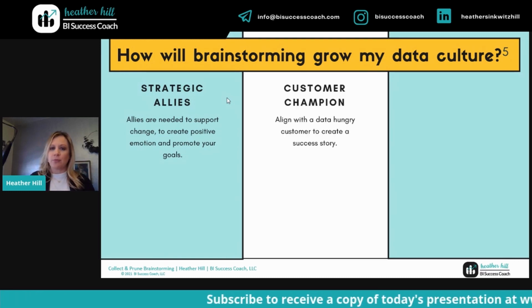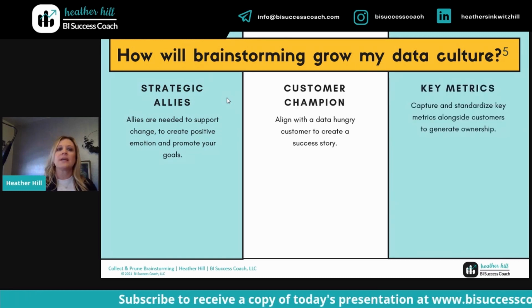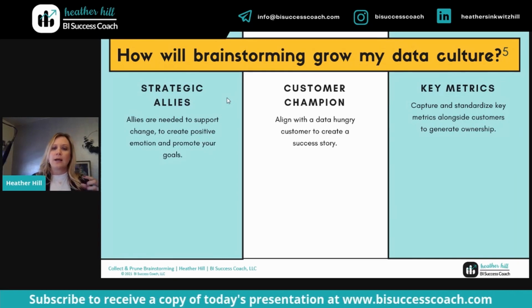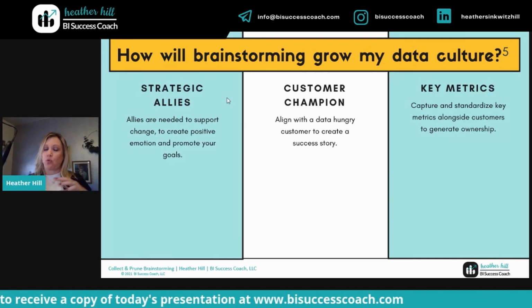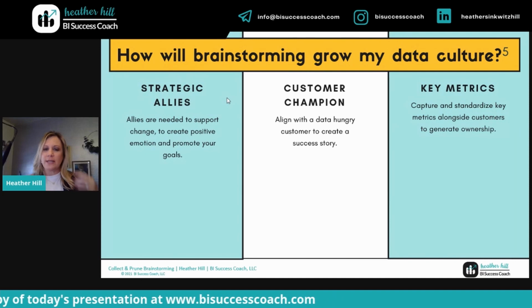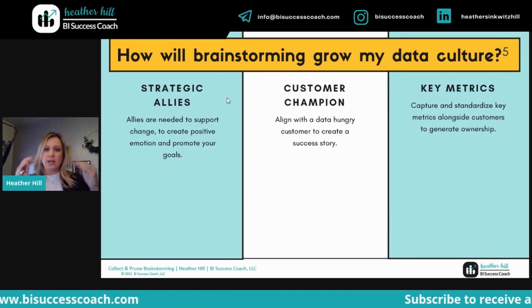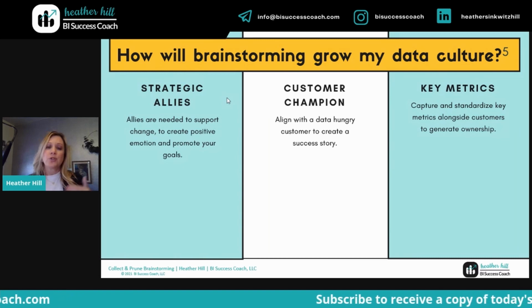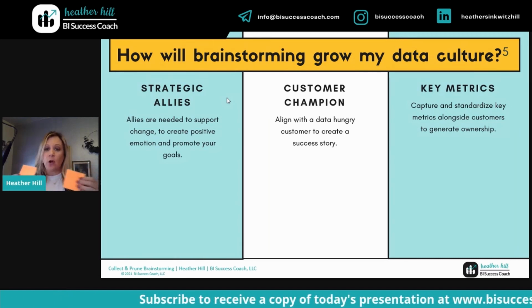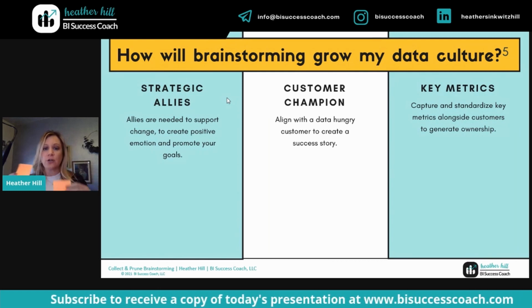Another area to brainstorm is key metrics. I've used this a lot. It's a great way to get ideas out of someone's head before you start organizing the goals and the metrics for your storyboard. So one key way to do this is to have everybody in the room write down all the metrics that you're using or the key metrics.